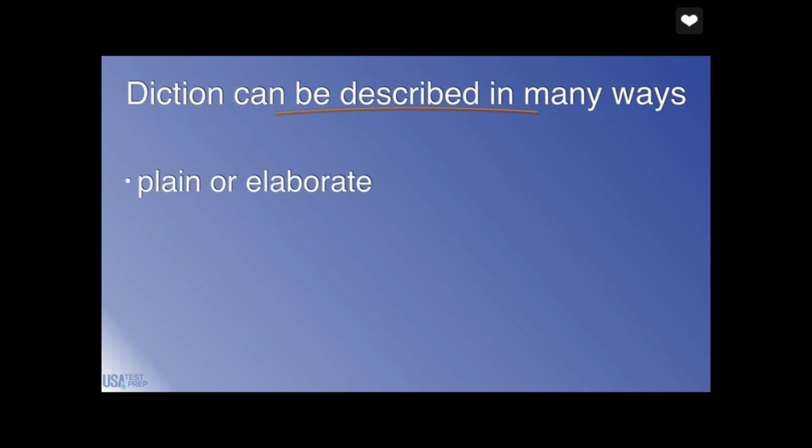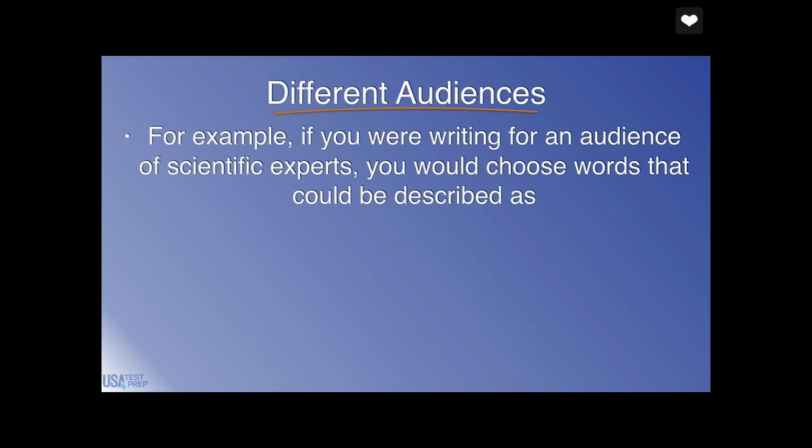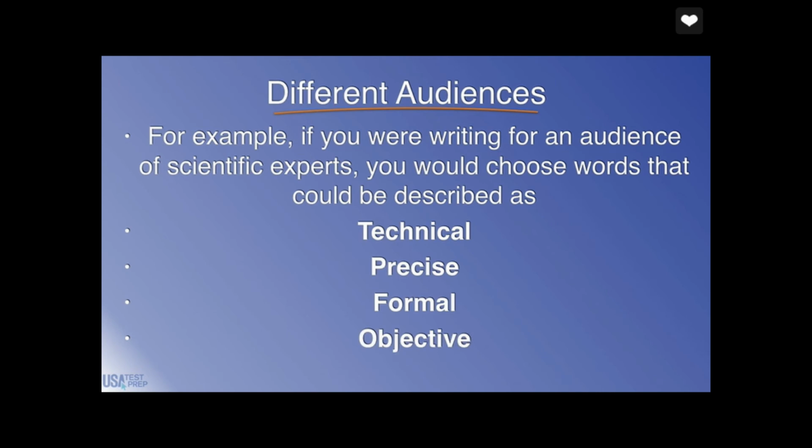Diction can be described in many ways. It can be plain or elaborate, comical or serious, formal or informal. For example, if you were writing for an audience of scientific experts, you would choose words that could be described as technical, precise, formal, or objective.